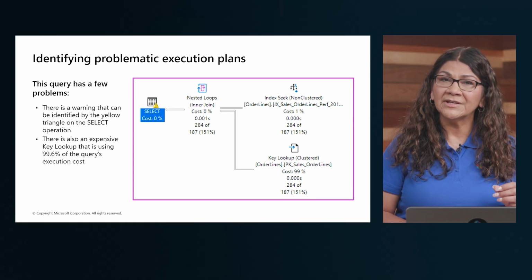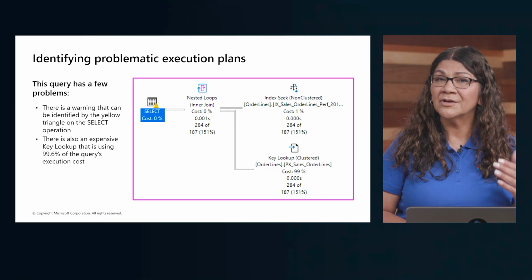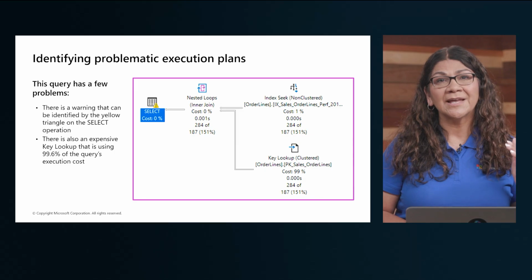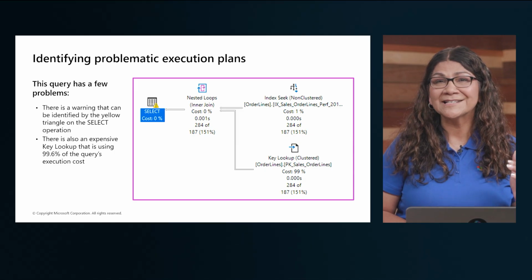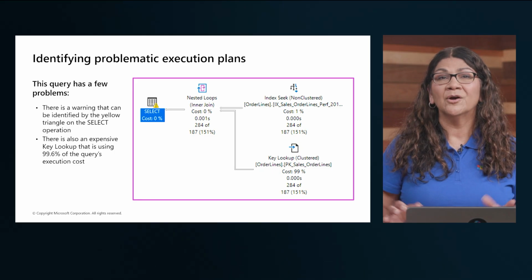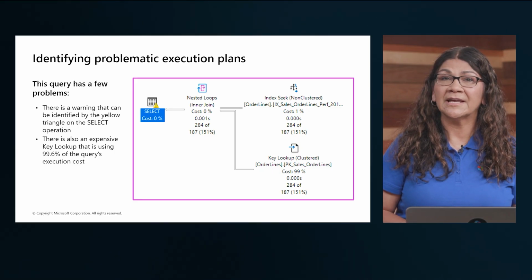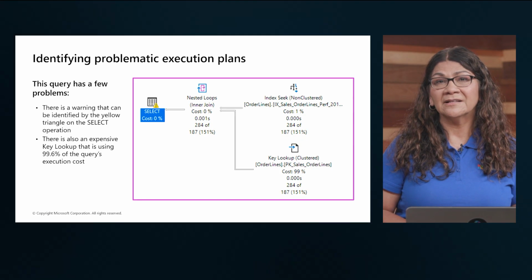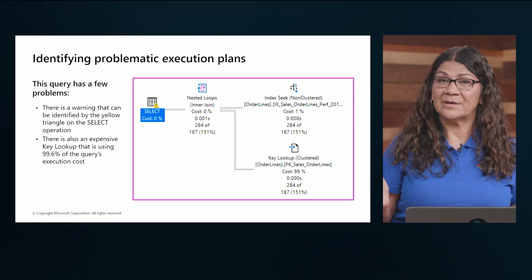Second, the plan reveals a highly expensive key lookup (clustered) operation, consuming 99.6% of the query's execution cost, which is the cost of retrieving each record from another layer in the balanced tree or B-tree structure, likely, in this scenario, a heap.